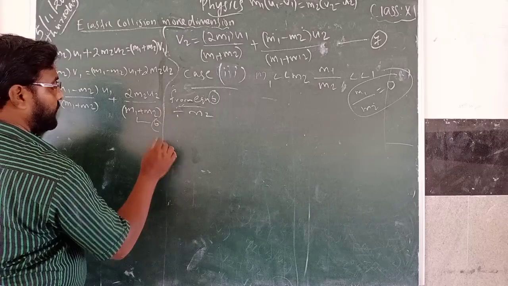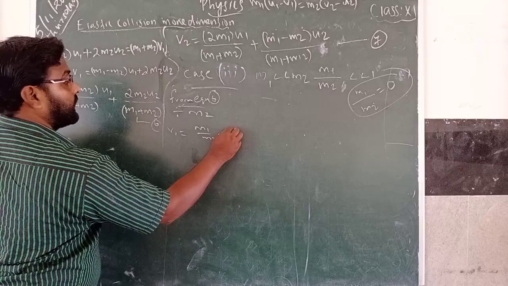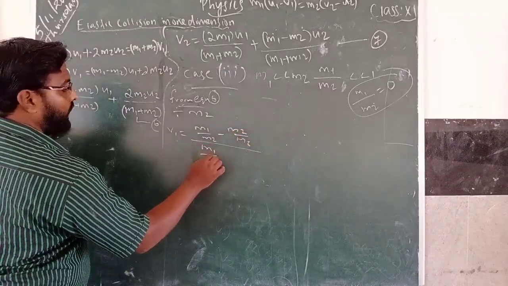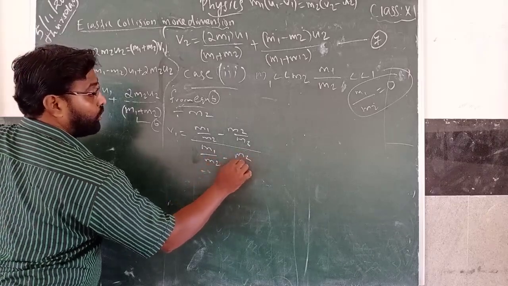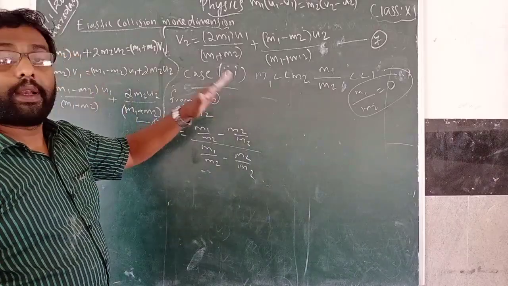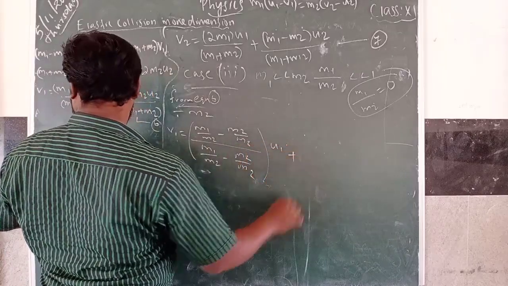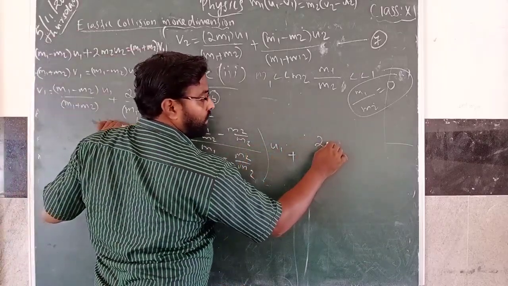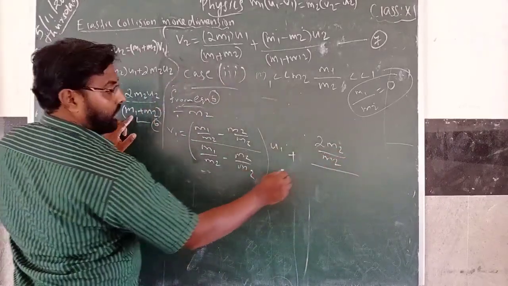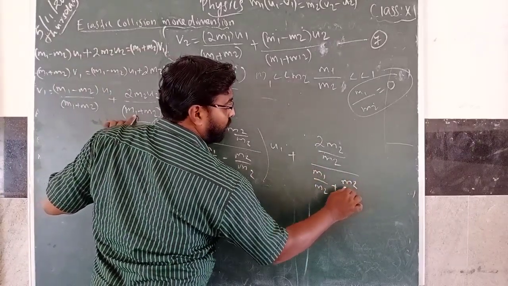So this equation becomes V1 is equal to M1 by M2 minus M2 by M2, divided by M1 by M2 plus M2 by M2. Just divide all the terms, numerator and denominator, everywhere by M2. So U1 plus 2 M2 by M2 into U2, the whole divided by M1 by M2 plus M2 by M2.